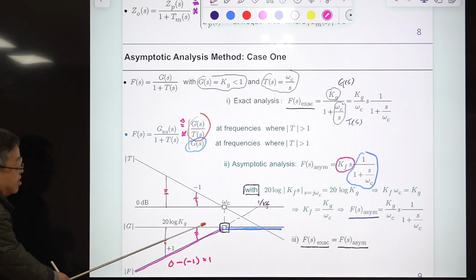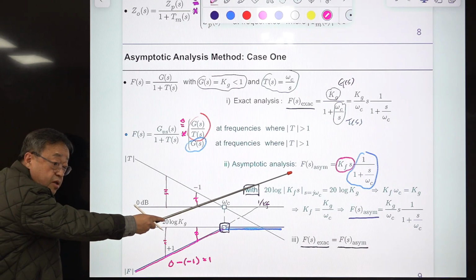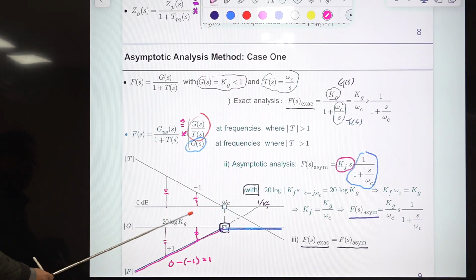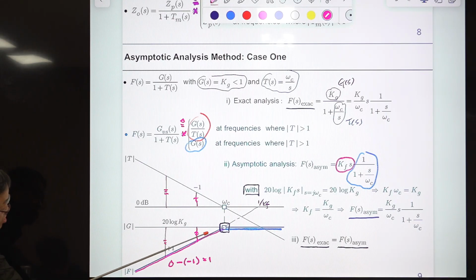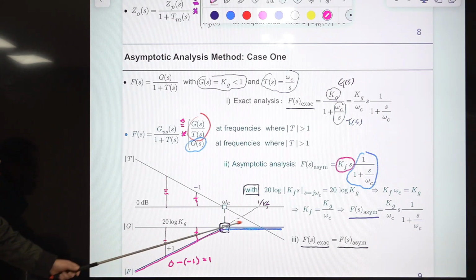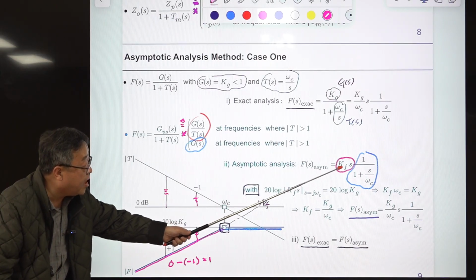You convert this into transfer function expression, right? So consider low frequency part first. So here you have, this is a differentiation, right? So here is S, and you have some gain, unknown gain, KF.